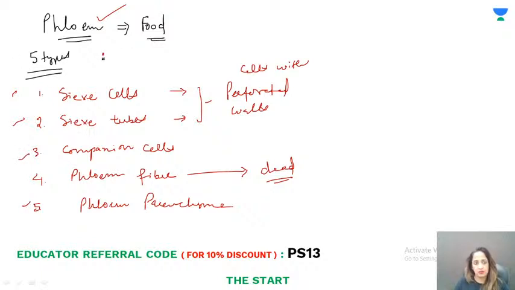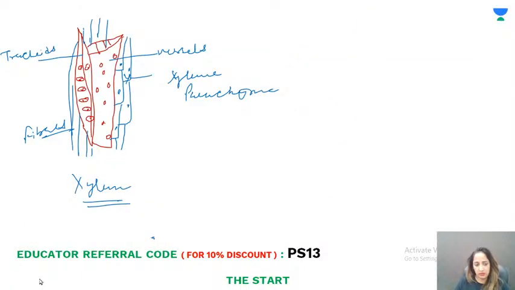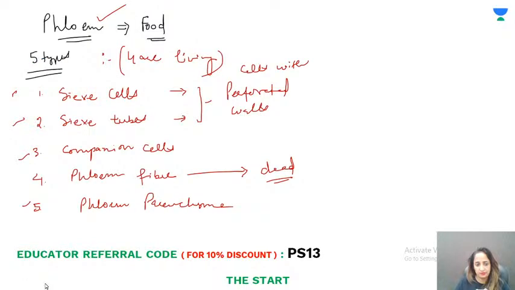Okay, all 4 are living. Only phloem fiber is dead. As if we go back, when we talked about xylem, tracheids and vessels, they become dead later, and then we have parenchyma, which is living, but here in this case fiber is dead and the rest are all living.